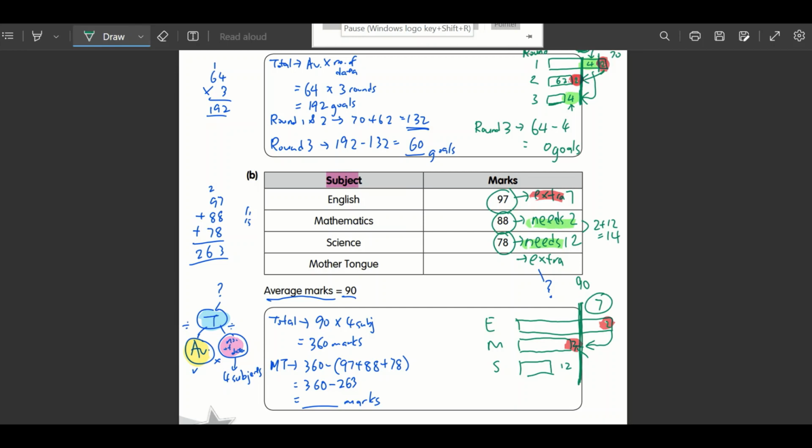So in other words, to balance out the need, Mother Tongue will have an extra of 7 too. If I'm going to draw in Mother Tongue, it also has an extra of 7.